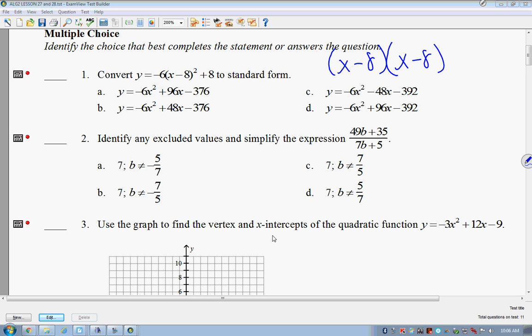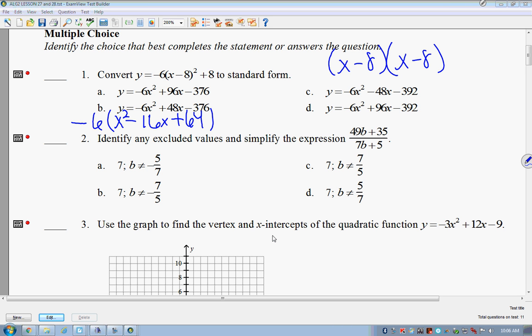How do I solve that? FOIL, okay? So that's going to give me negative 6 times x squared minus 16x plus 64. We still got x squared and we still got 64, but if I don't FOIL it, I'm not going to get negative 16x, correct?